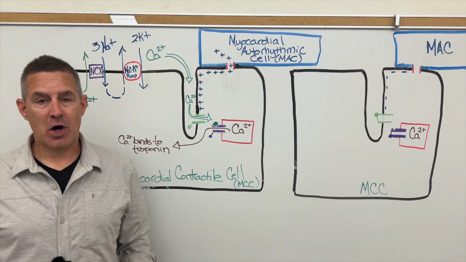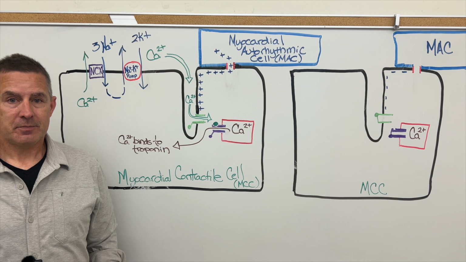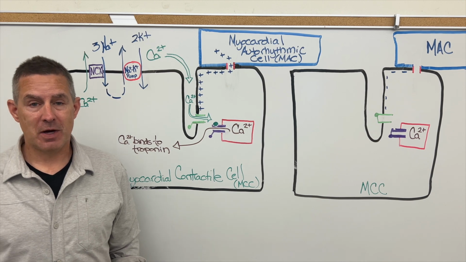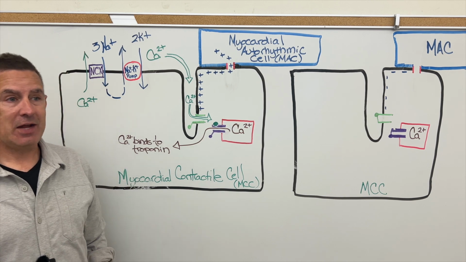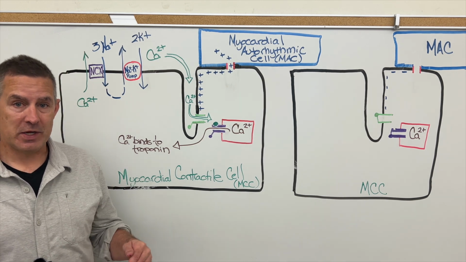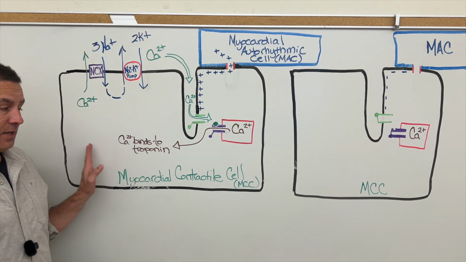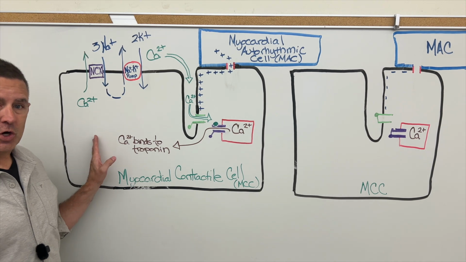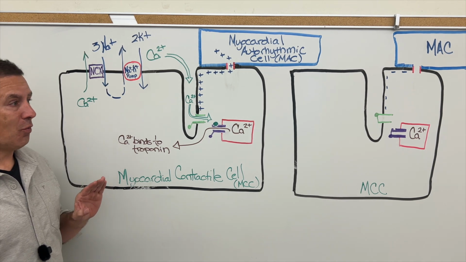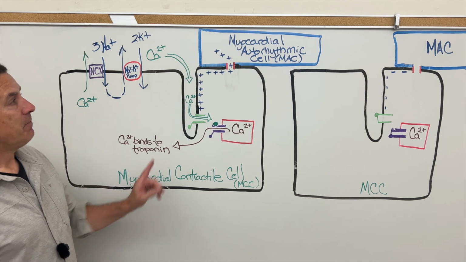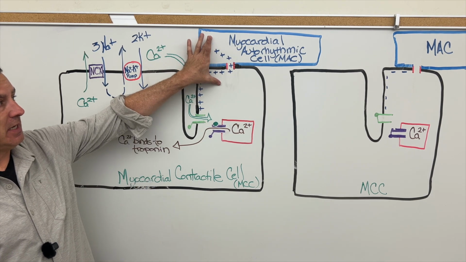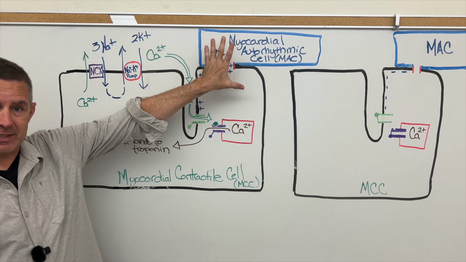The myocardial autorhythmic cells set the rate or rhythm of the heart, that is to say how often it beats and contracts, and we'll deal with that in a subsequent video. For here, we're going to talk about the MCCs, myocardial contractile cells, and these are stimulated to contract from the MACs.